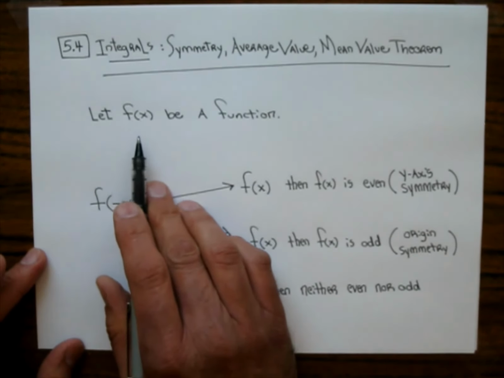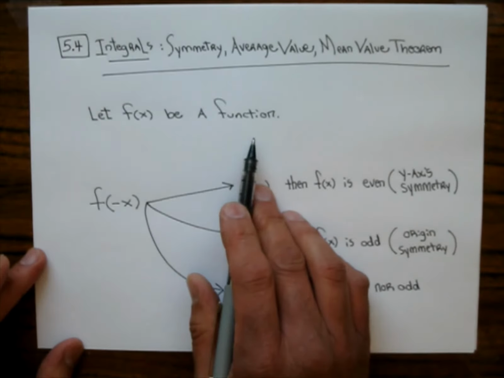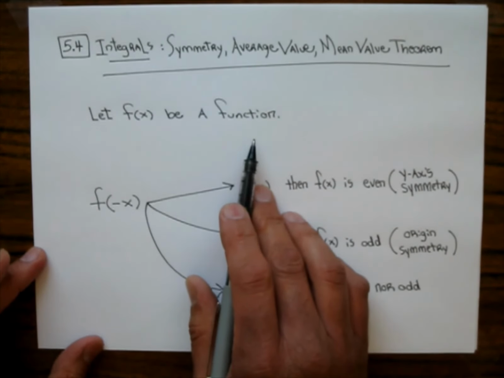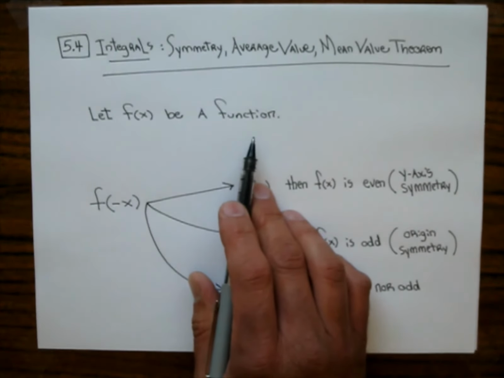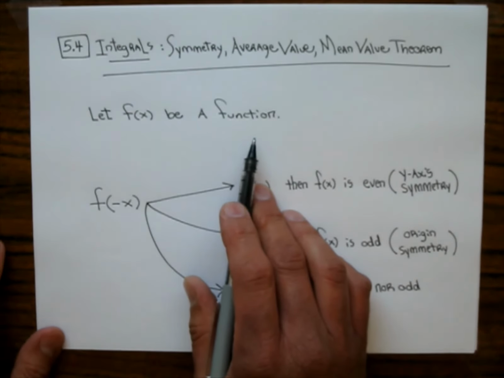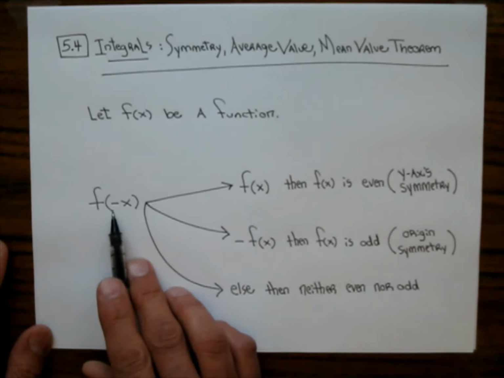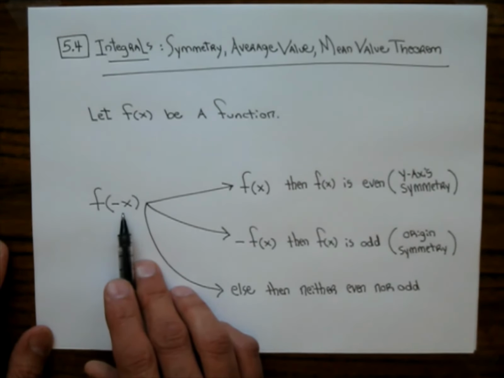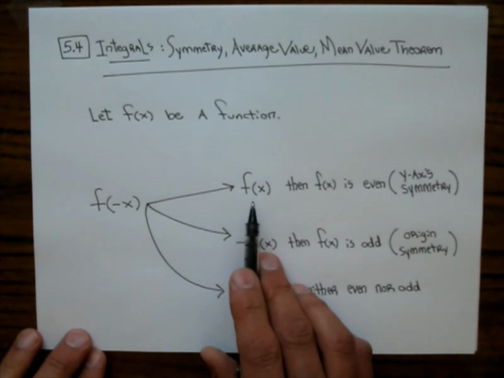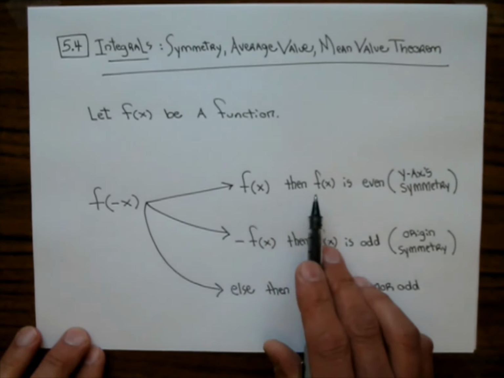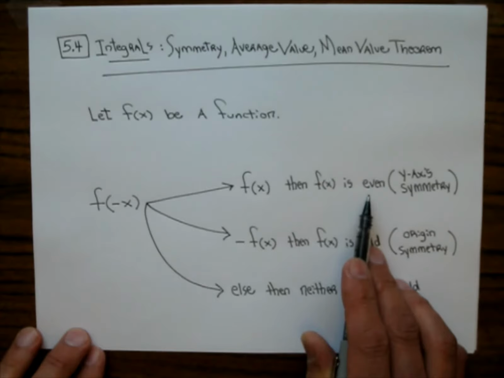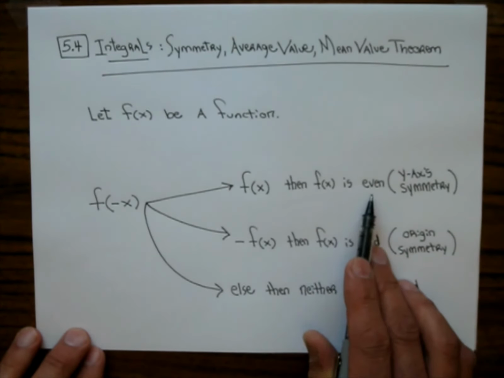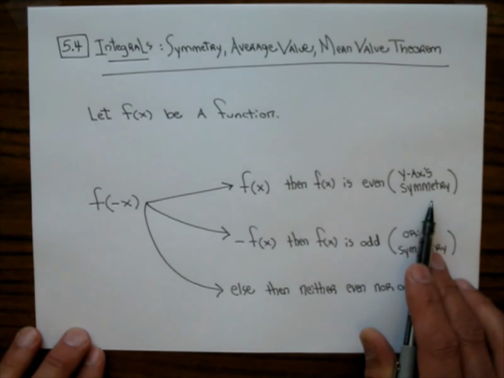So let f be a function. This is a pre-calculus topic right here. You can check to see about symmetry with your function by plugging negative x in for x. If you end up getting the same function, then f of x is called even, and an even function has y-axis symmetry.